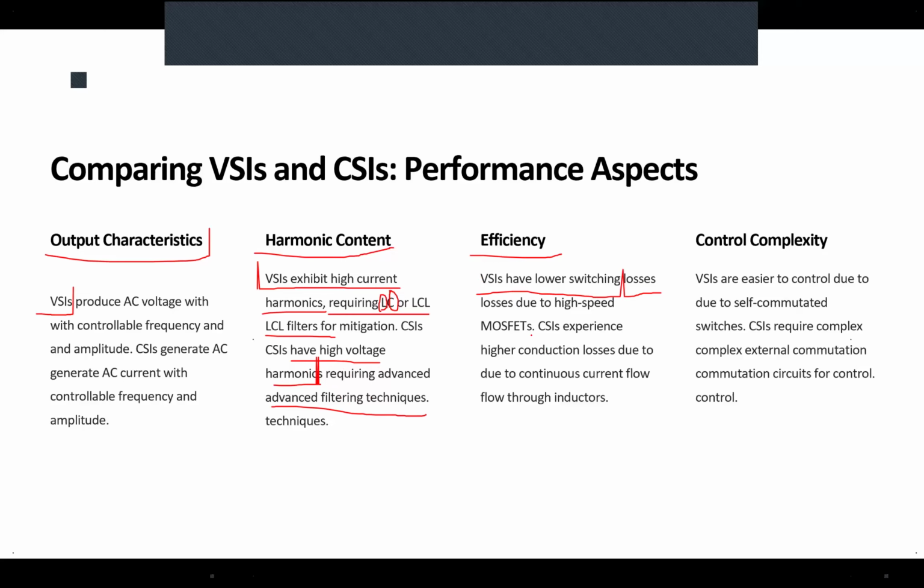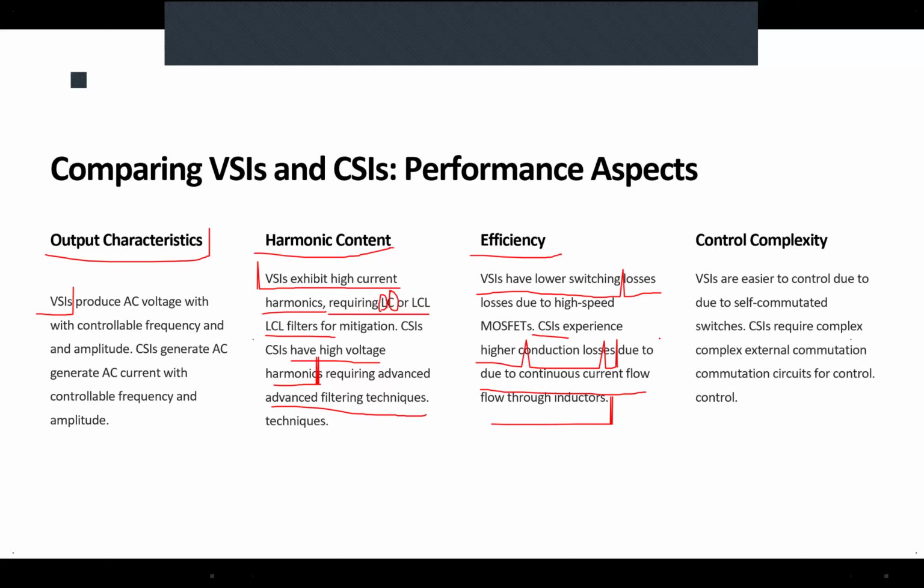Now, from the efficiency perspective, VSI has lower switching losses because it has lower current conduction. But CSI has higher switching or conduction losses because of continuous current flow through the inductors and the switches. So efficiency wise, VSI has a higher efficiency than CSI, with lower power losses.